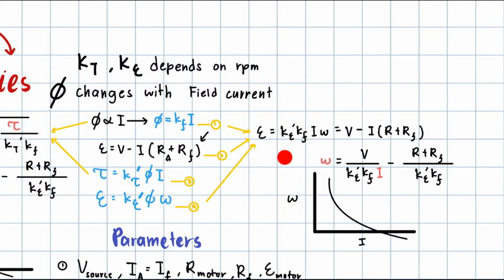So this KE prime phi is KFI. Here. Okay.